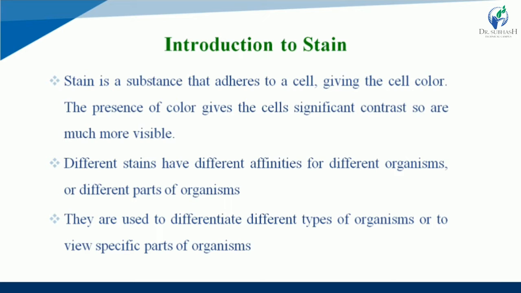They are used to differentiate different types of organisms or to view specific parts of organisms. So stains are particularly used to differentiate different types of organisms as well as to view specific parts of any organism.